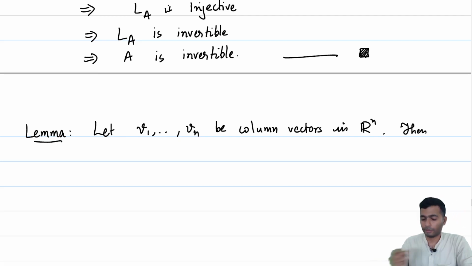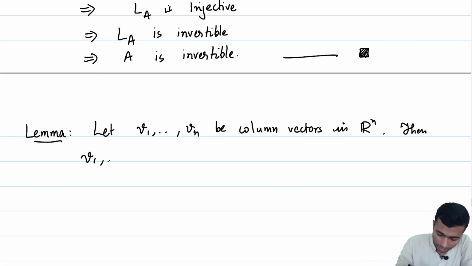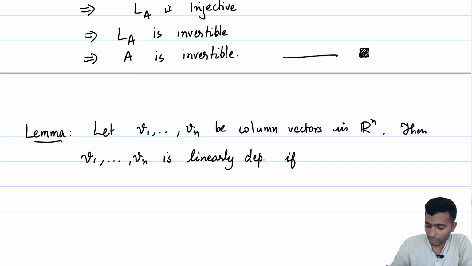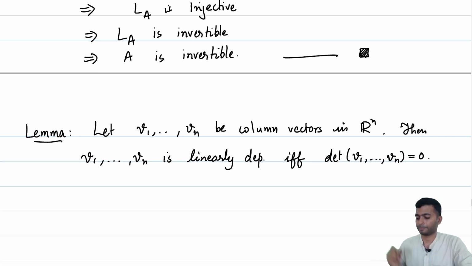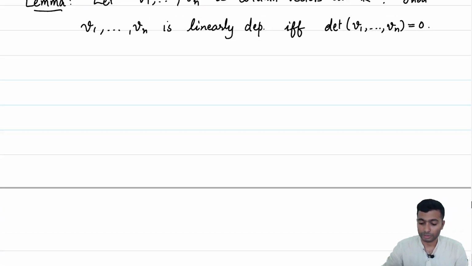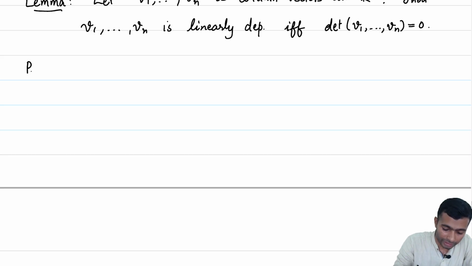Then v1 to vn is linearly dependent if and only if the determinant of v1 to vn is equal to 0. So, the determinant is also capturing linear dependence of its columns. So, let us give a proof of this.